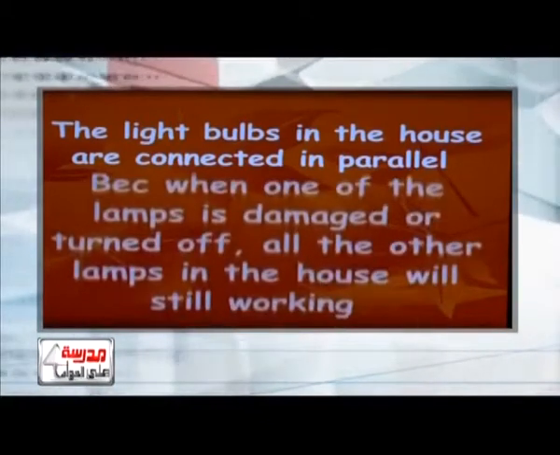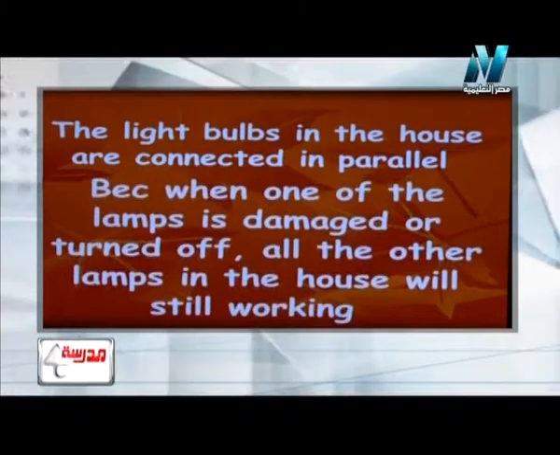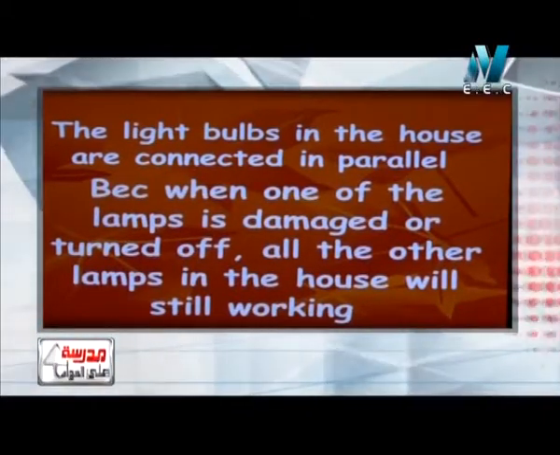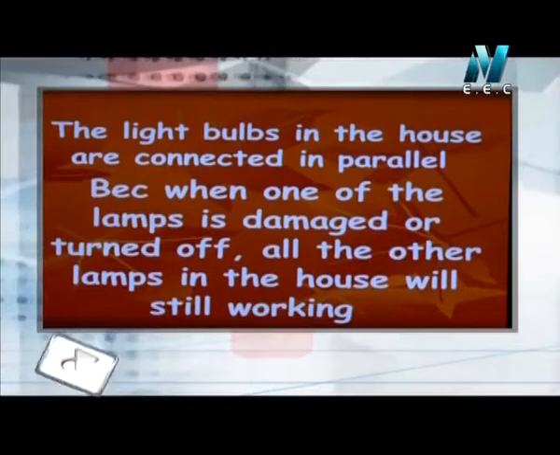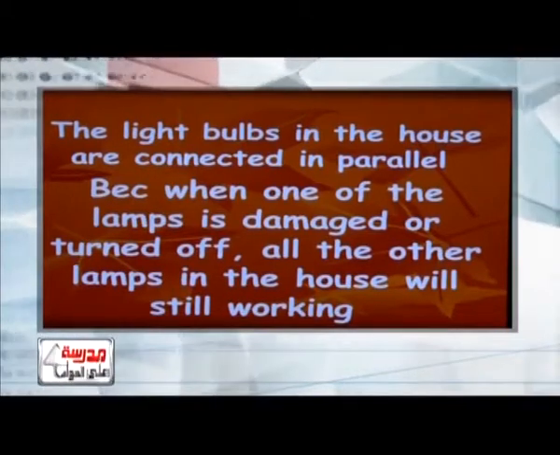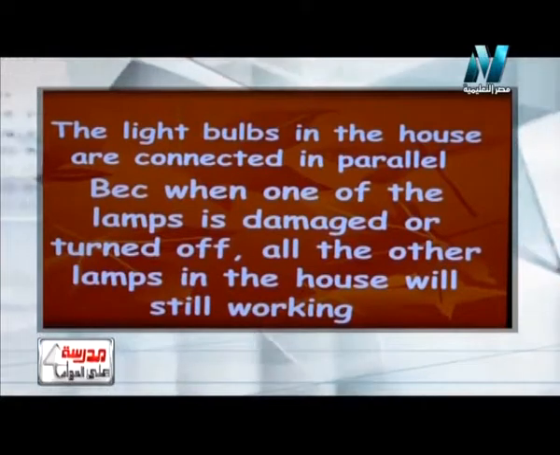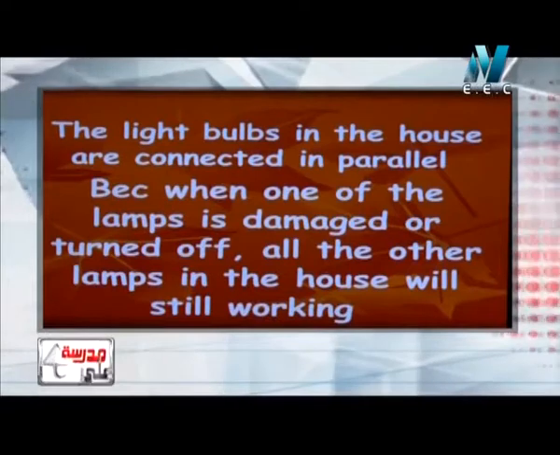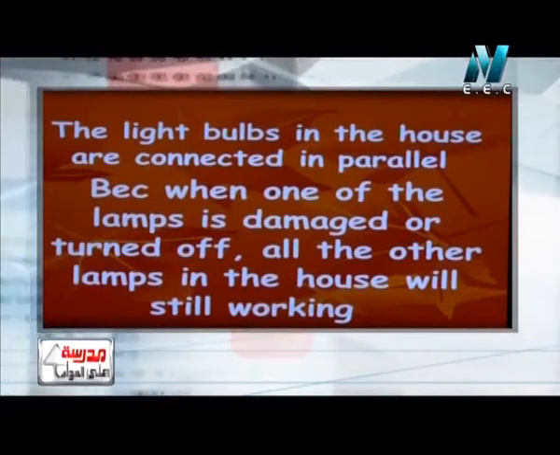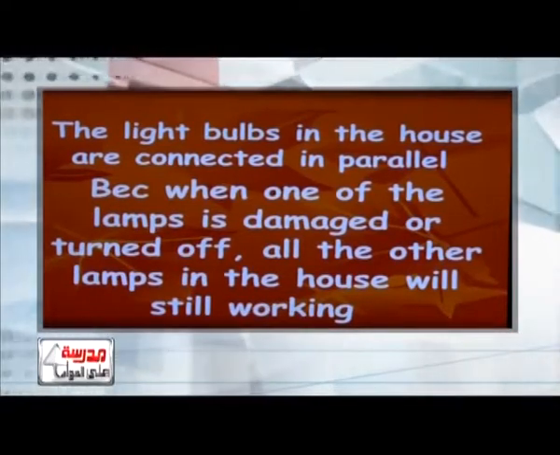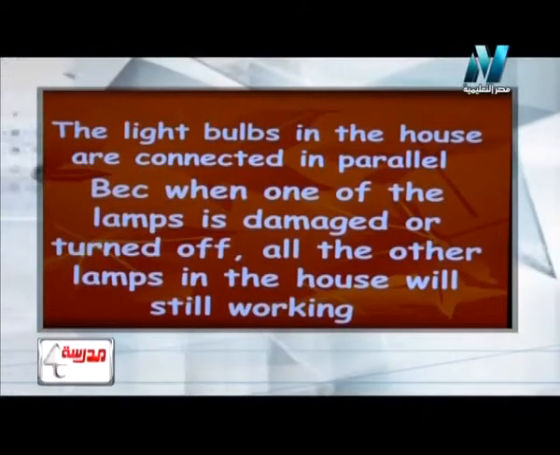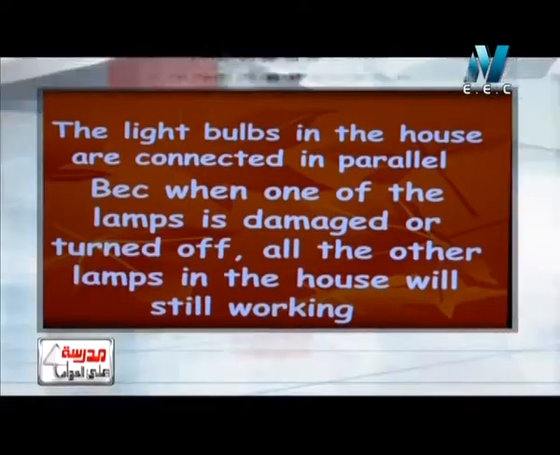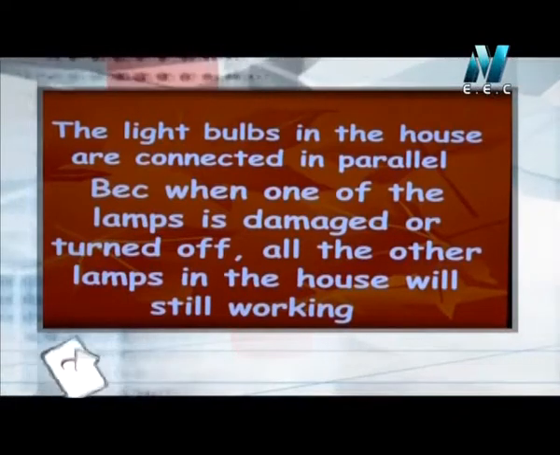Because when one of the lamps is damaged or turned off, all the other lamps in the house will still work. لو في لمبة منهم حصل لها تلف أو اتطفت أو أي حاجة زي كده, all the other lamps still work. كل لمبة تظل زي ما هي without any effect from the other lamps.